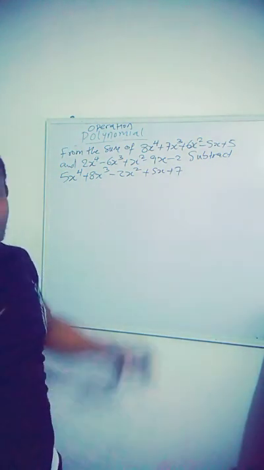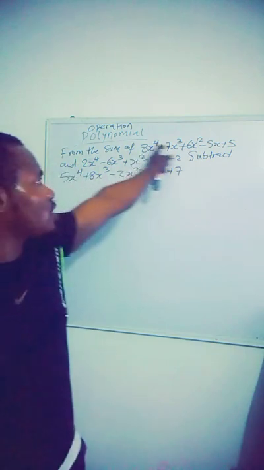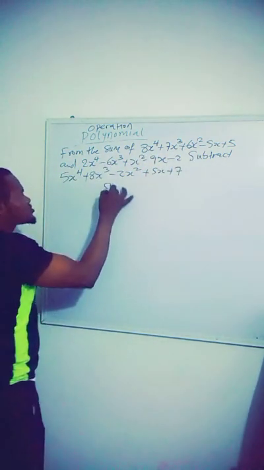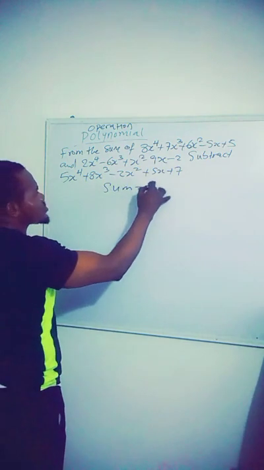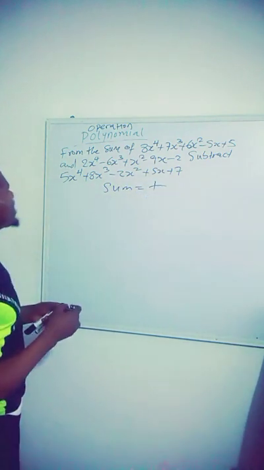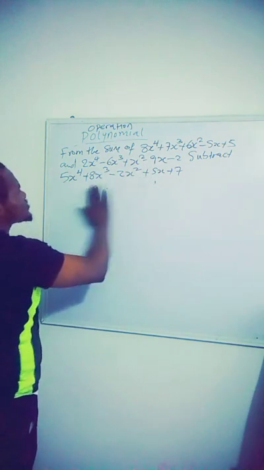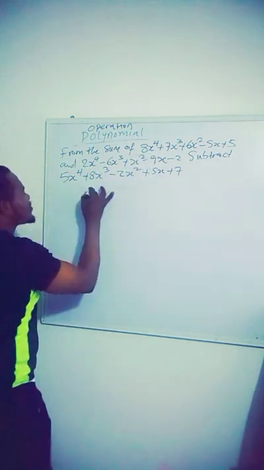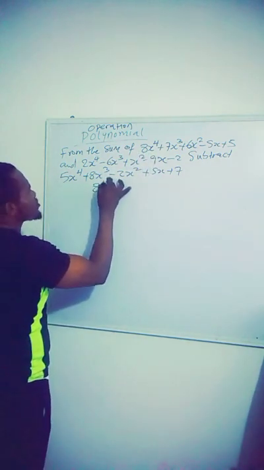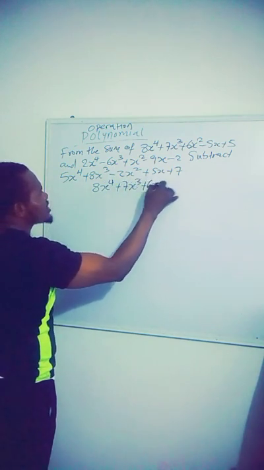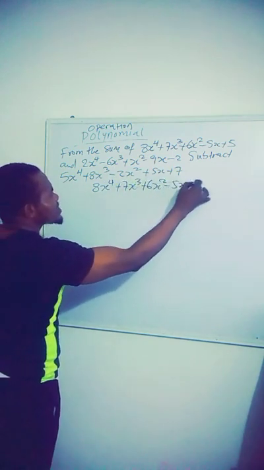So this is English. Sum means addition. So if that is the case, he said we should add this first and subtract this from it. So let's do that. First of all, add. We have 8s raised to power 4 plus 7s cubed plus 6s squared minus 5s plus 5.